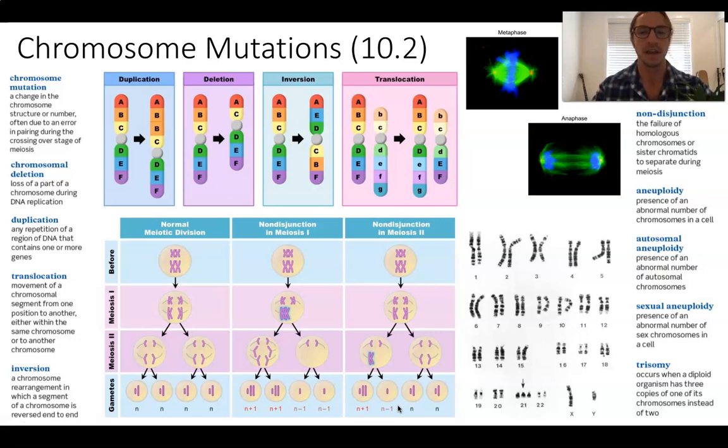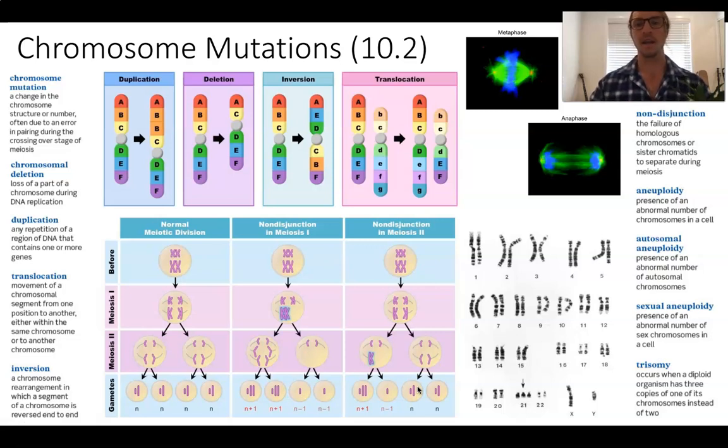We can either have n+1 or n-1. And remember, gametes are what are called haploid. So this n, say if this was a sperm cell, would join with the female ovum, and that would become 2n. So there would be a set of chromosomes from mum and a set of chromosomes from dad.